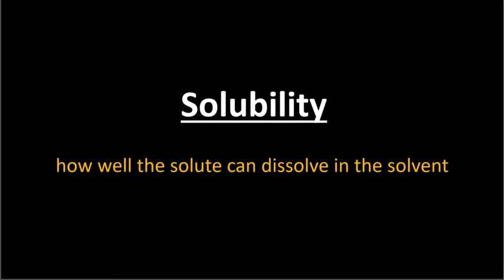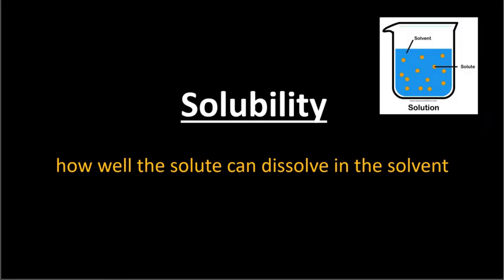Okay, when we're talking about solutions, one of the terms we need to talk about is solubility, which basically just means how well the solute can be dissolved. And again, remember the solute is what gets dissolved, the solvent is what is doing the dissolving, and if you're not sure which is which, you go by whichever has the largest volume. So like if you're mixing two gases together, whichever one there is more of is considered the solvent.